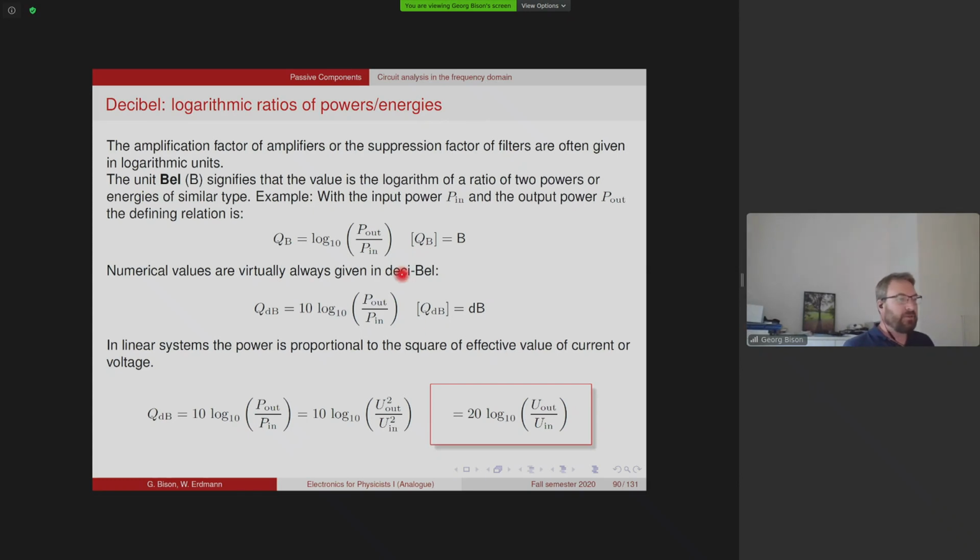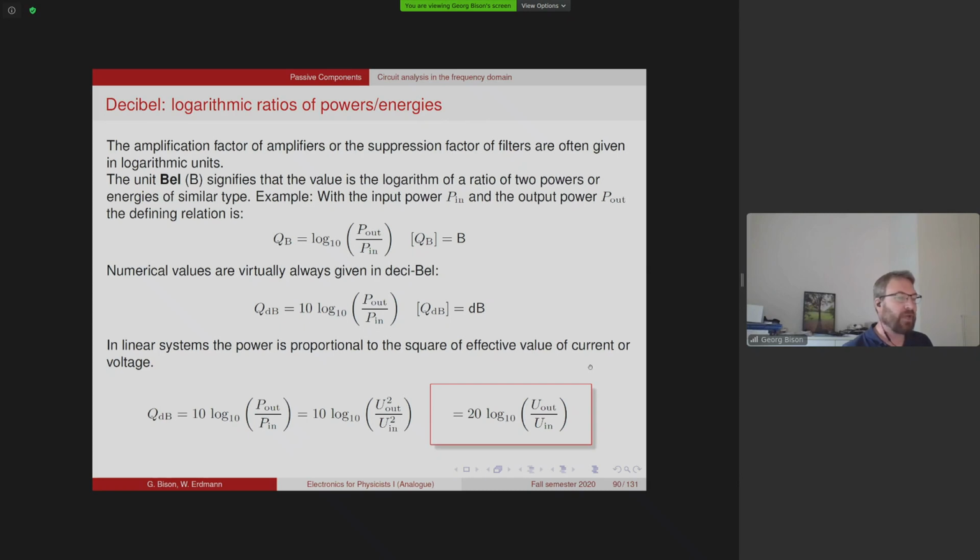Now, as we've seen before, the power in an electrical system scales as the current squared or the voltage squared. And if you don't want to measure the power that comes out of, for example, your function generator, but you want to know what the amplitude of the voltage is, then it's often more convenient to work with voltages.